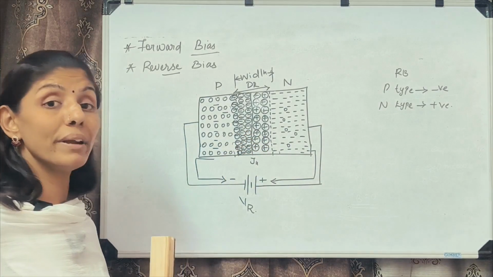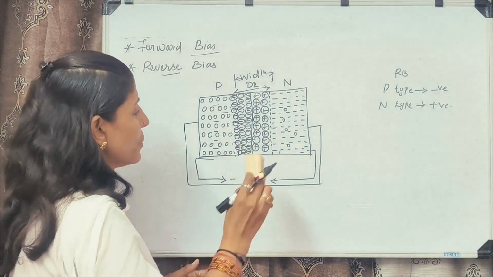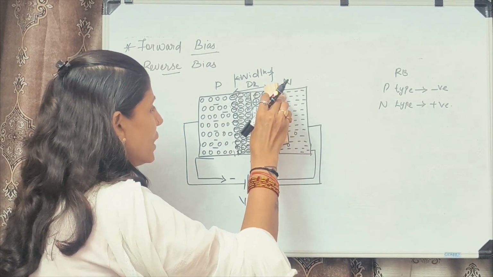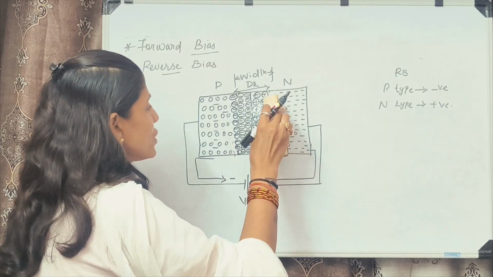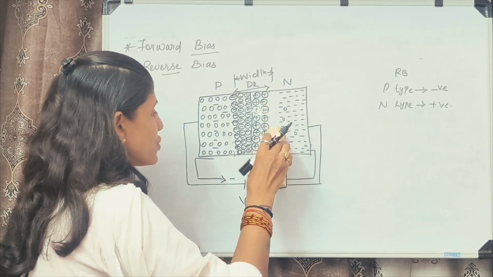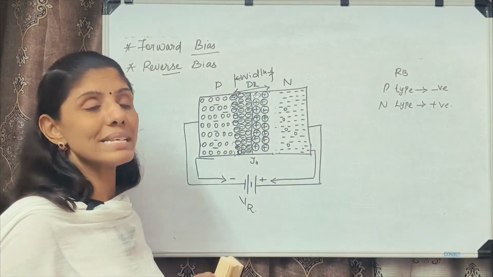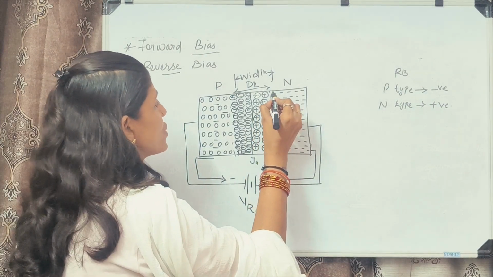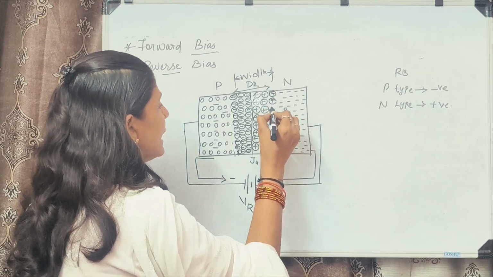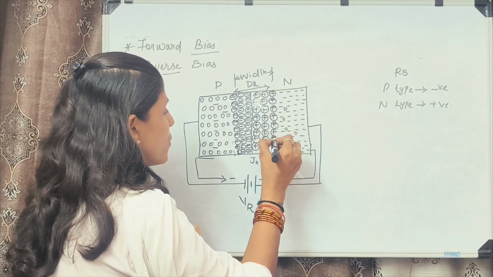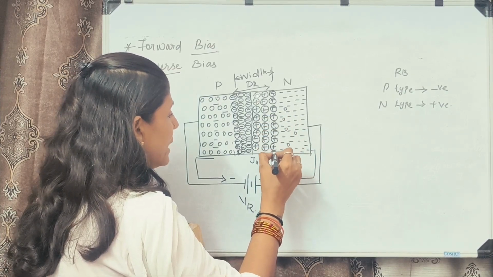Now how many columns? 3 columns. See, this complete column is getting absorbed by this positive terminal of the battery. So it is actually losing the electron. If it is losing the electron, then it will become a positive ion.